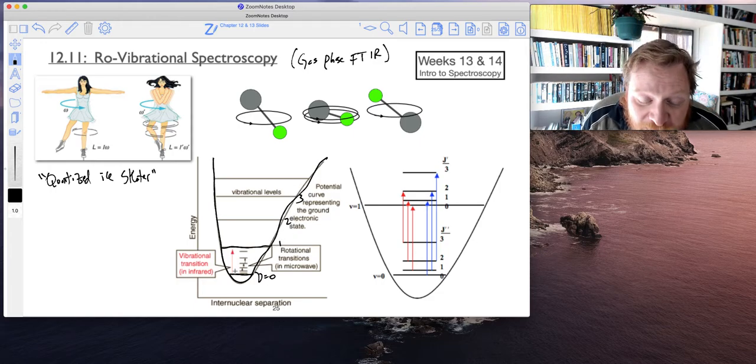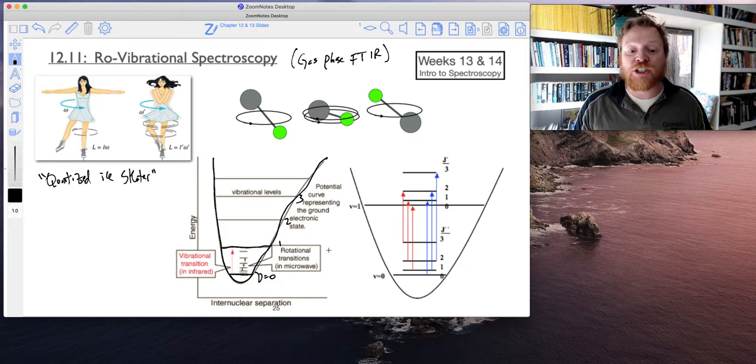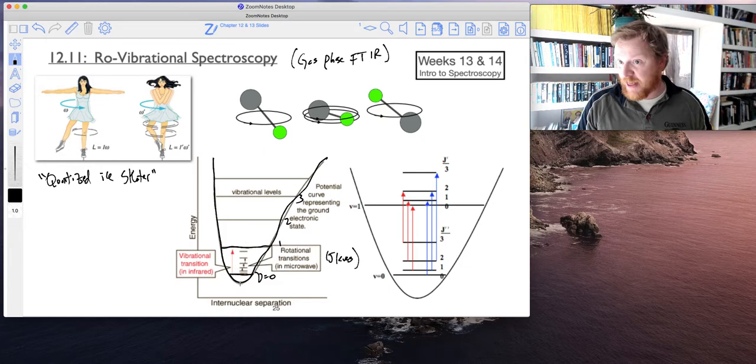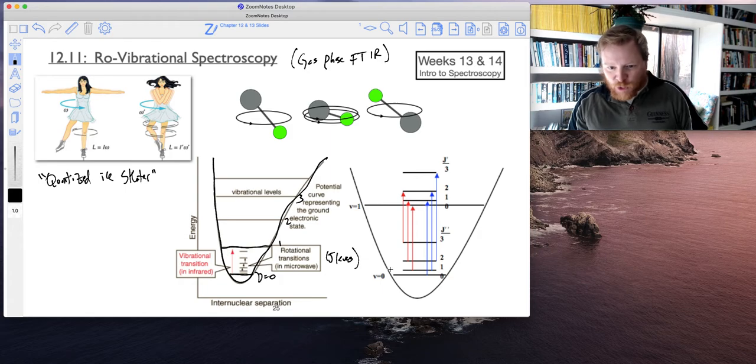And within this ground electronic state and ground vibrational state, there are J levels. Okay, so there are rotational J levels. And so here you can see a much better zoom in of that, where at the nu equal to 1 state, I will have a population of rotations, right? Especially if this is a sample at room temperature.